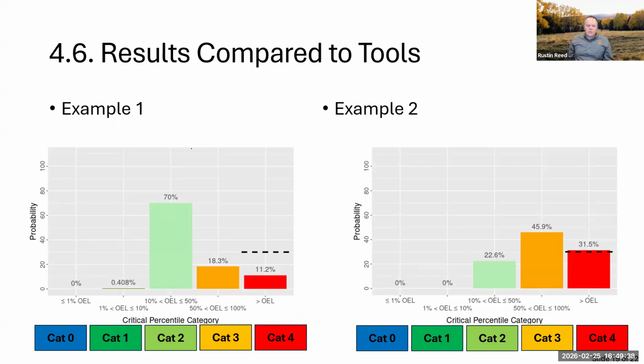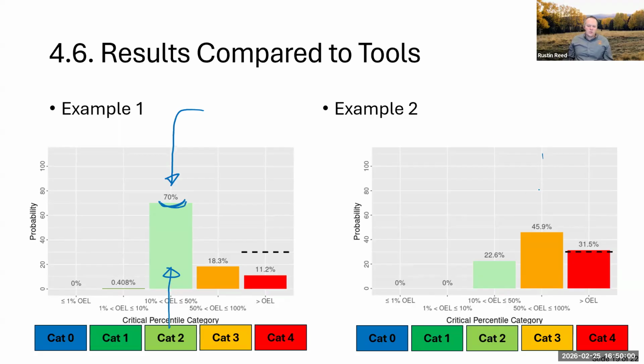This is just to show you those same numbers plugged into Expo Stats. We're going to take a look at this in more detail next time. So we'll be doing this in 2 weeks in our next session. But the same numbers in Expo Stats showed that, yep, category 2 was our most likely category.